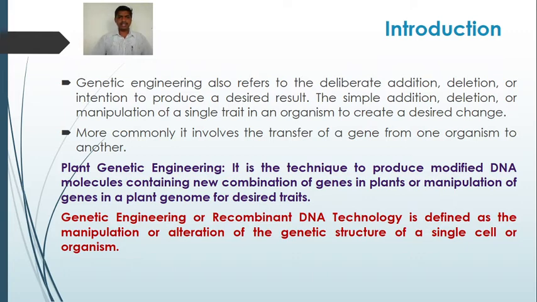If you take the example of Bt cotton, which is a genetically modified crop, a gene from Bacillus thuringiensis has been transformed into the cotton genome. So a gene from one organism has been transferred into the cotton plant, which is another organism.